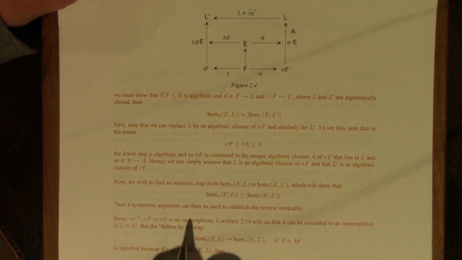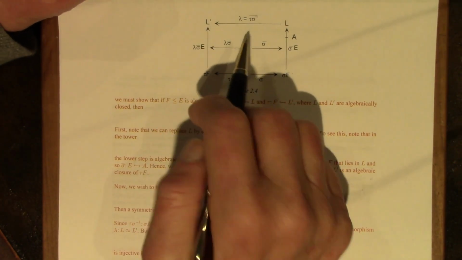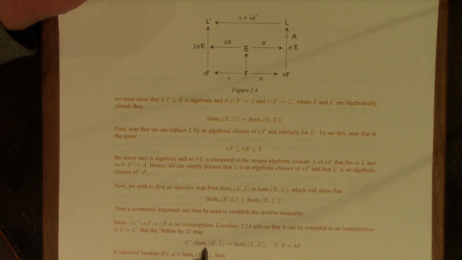Okay. So now we can define a map using lambda here. We can define a map that sends this set of extensions to this set of extensions, and it is followed by lambda.